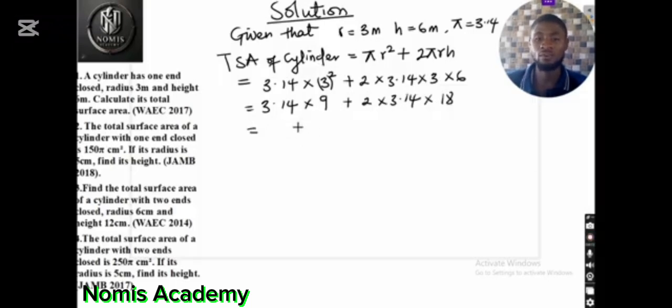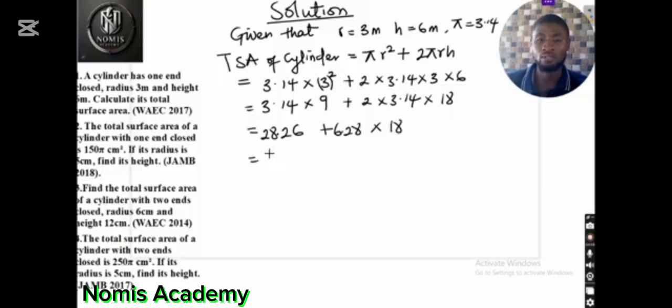So 9 times 4 is 36, 6 keep 3. 9 times 1 is 9 plus 3, that's 12, 2 keep 1. 9 times 3 is 27, plus 1, that is 28. Plus 2 times 4 is 8. So we have 6.28 multiplied by 18.